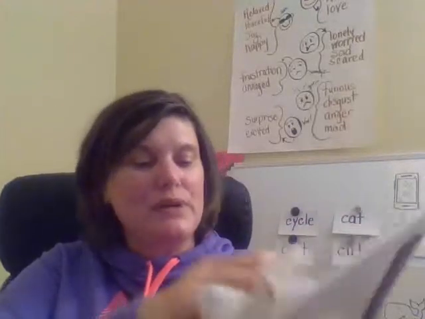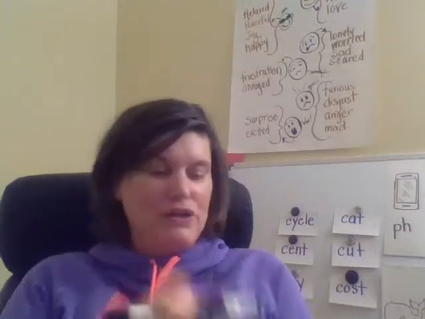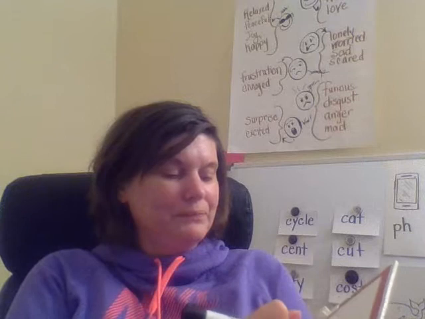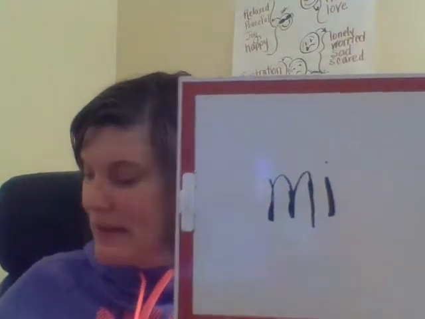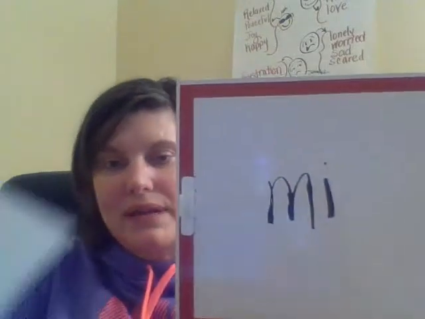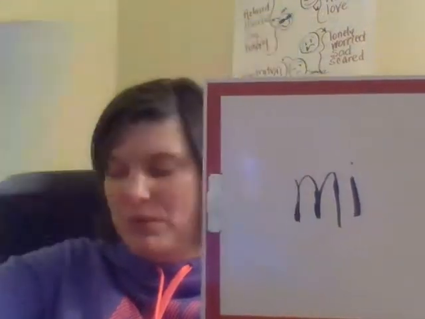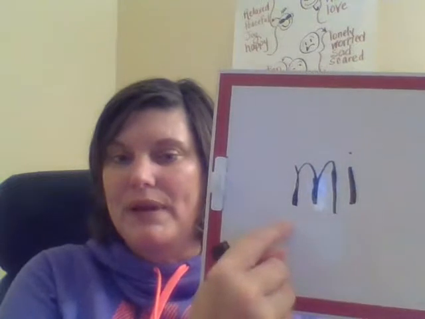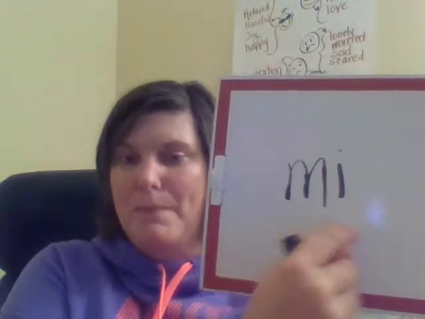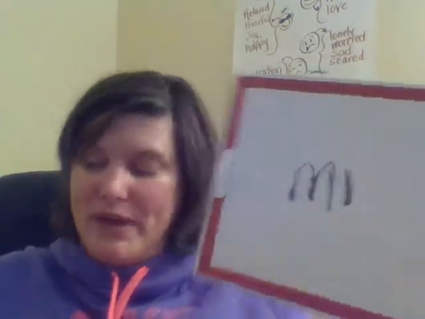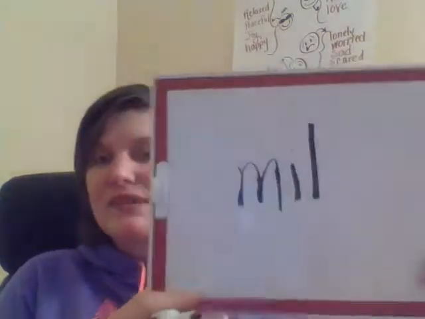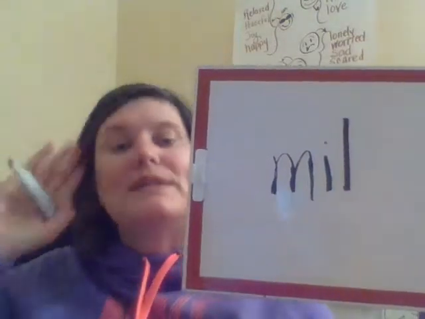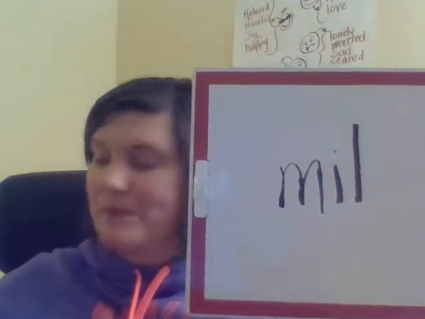Okay, last one of these transformations. Okay, look here. What is the syllable type? You are correct. It is an open syllable, which makes this a long vowel. Ready? My. Good. My. Like migrate. Now, when I add this consonant, what syllable type do we have now?